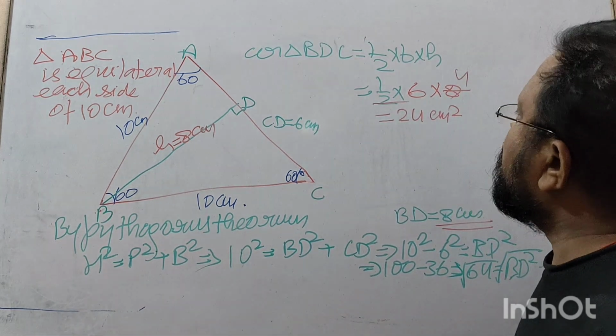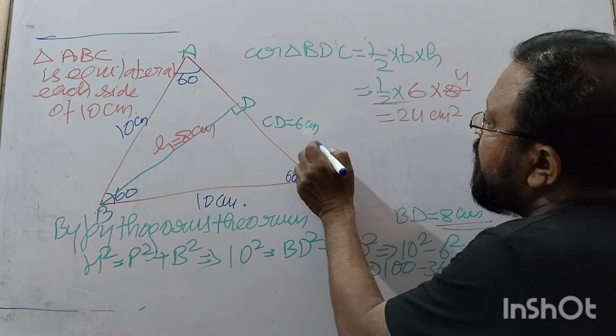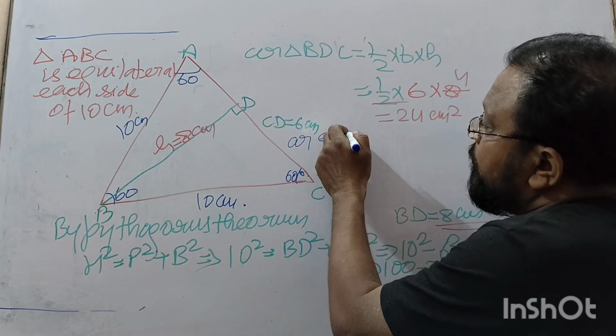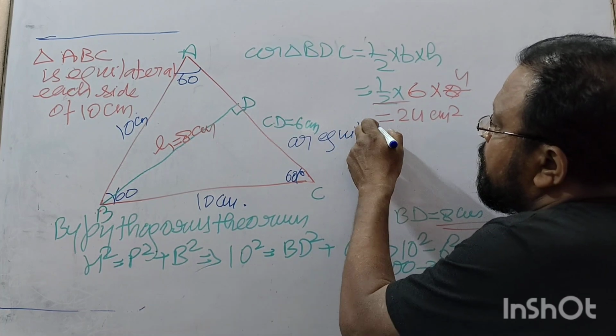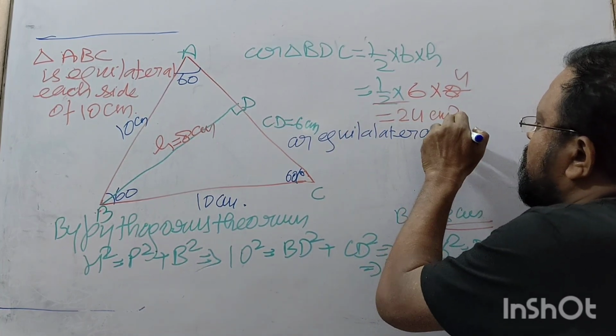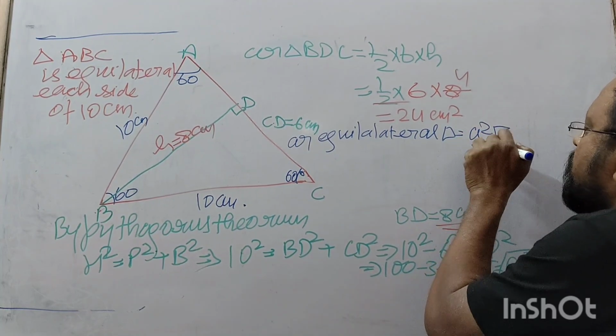Now the area of the equilateral triangle is equal to a square root 3 upon 4.